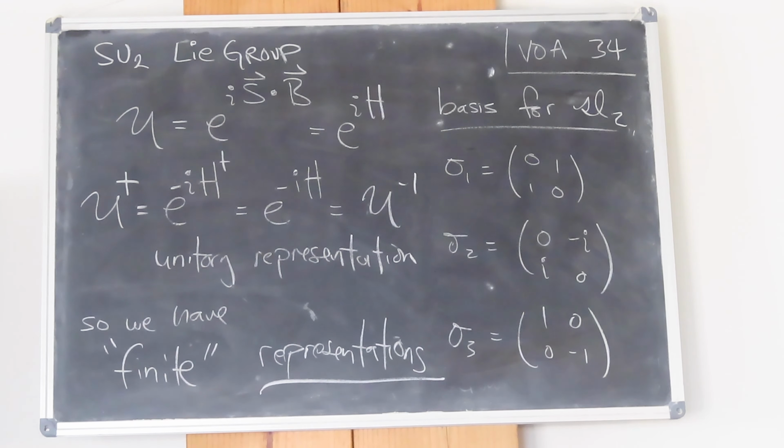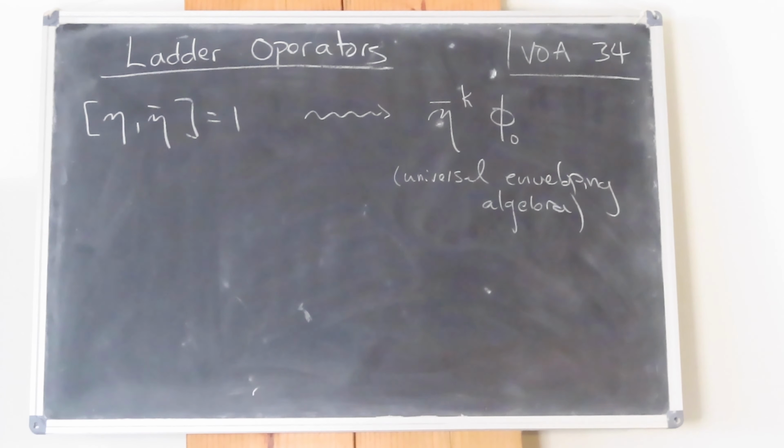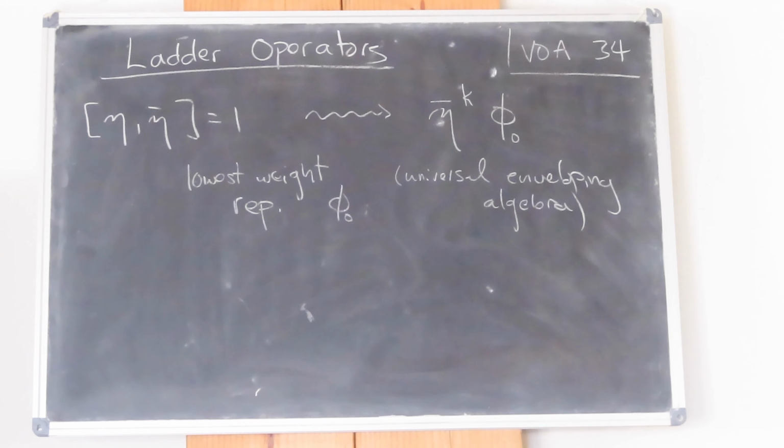We might compare that finiteness, for example, to the infinite tower of states in the Heisenberg modules we've been discussing, where the ground state could be augmented by a ladder operator, and the physical states are essentially indexed by powers of eta bar. This allowed us to speak about things like the lowest weight representation, with the state of lowest weight, or energy, being the ground state.